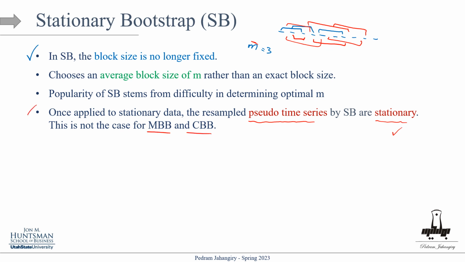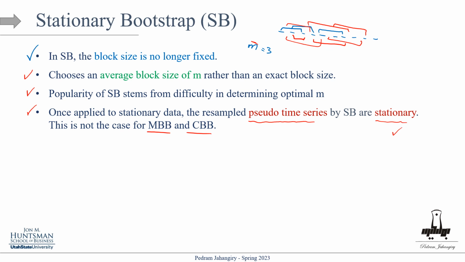In many cases, we transform the time series data to be stationary first. And then if you want to apply any kind of bootstrapping, the pseudo time series better be stationary, right? Because, for example, you're applying some ARIMA models. ARIMA works under the assumption that the time series is stationary. So if you want to look at the performance of the model on simulated data, your simulated or synthetic data better be stationary, right?